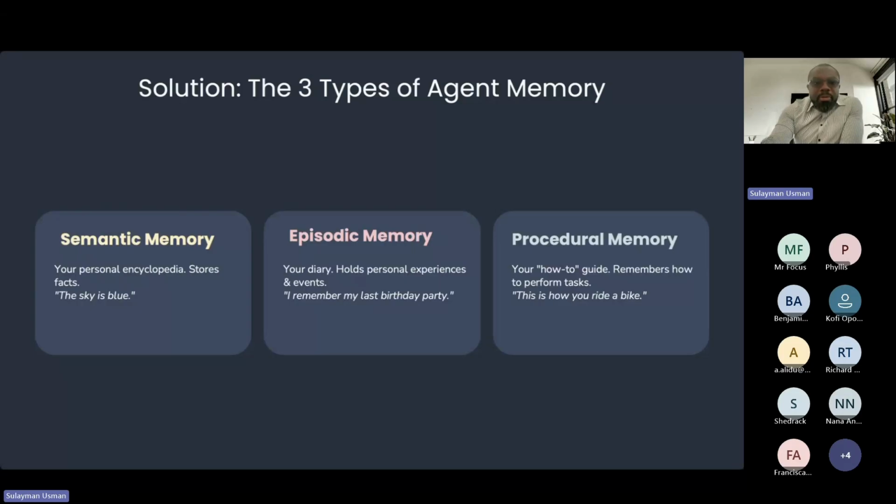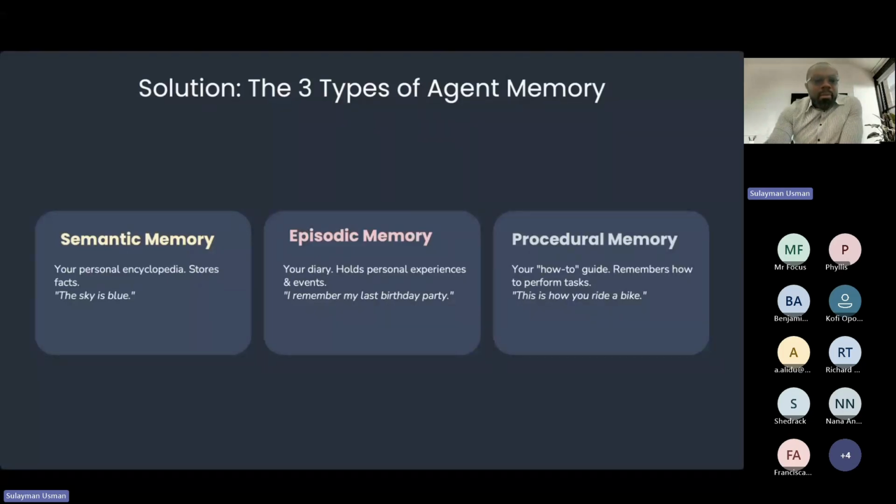Now with memories, we have three types. We have the semantic memory. This is your personal encyclopedia, stores facts, like simple facts. Sky is blue. Your name is this. Just straightforward, simple facts. And we have the episodic memory. That's like your diary. It holds personal experiences and events. So this goes a little bit more into details instead of just facts.